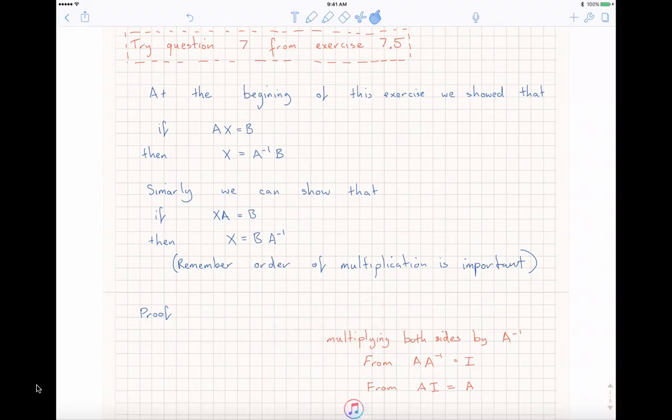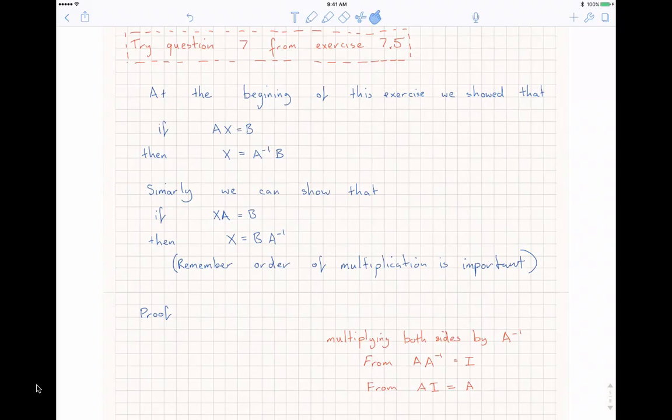So at the beginning of this exercise, we showed that if we have an AX equals B scenario for solving equations, then we can solve it by multiplying B by A inverse. It can also be shown that if we have some matrix vector X times a coefficient matrix equaling B, we can solve for X by multiplying B by A inverse.